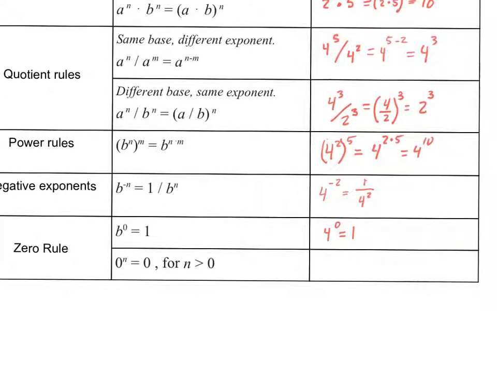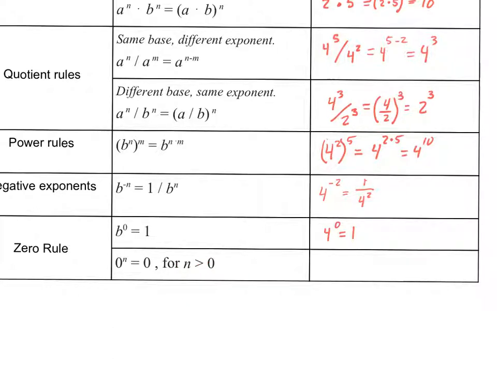Now, I want you to see the next one. It says 0 to the nth power. So we actually have 0 as a base, but then you have an n. And we already covered that you cannot have 0 in the denominator. That's why it says for n, your exponent must be greater than 0. That way you can never get a fraction.